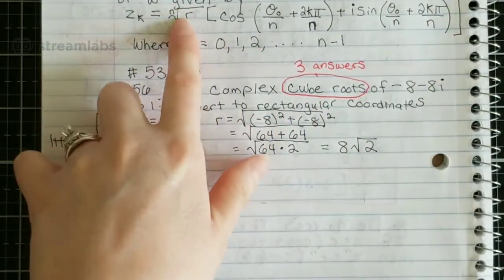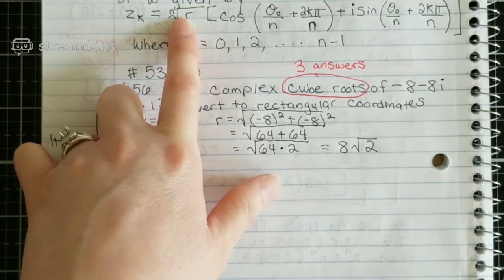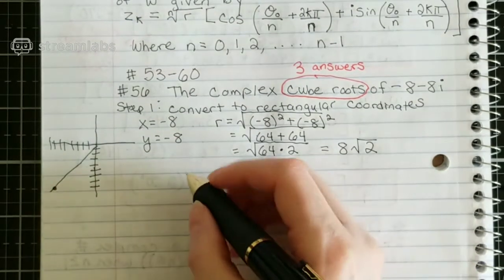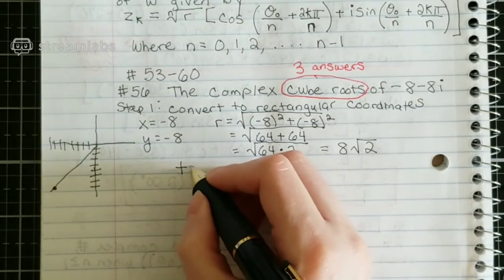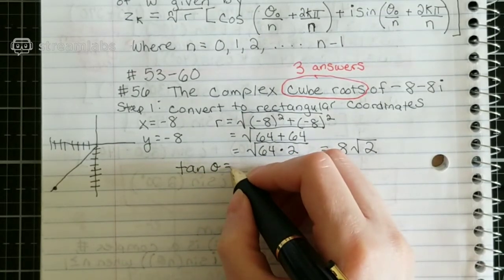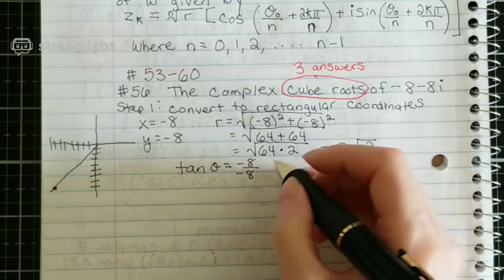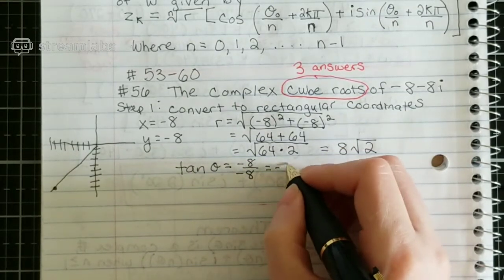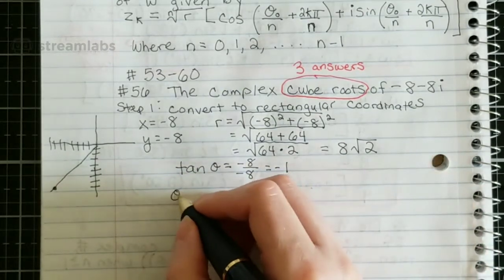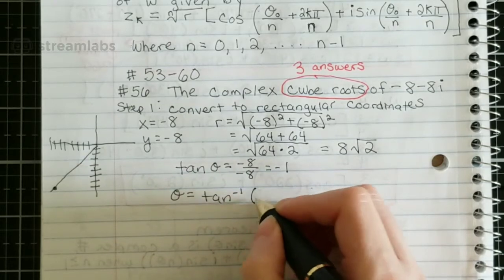And then I'm going to need to find my theta. So again, I would do the tan thing. So tan of theta is going to be -8 over -8. So that's 1. So what we want to do is theta is equal to the tan inverse of 1.